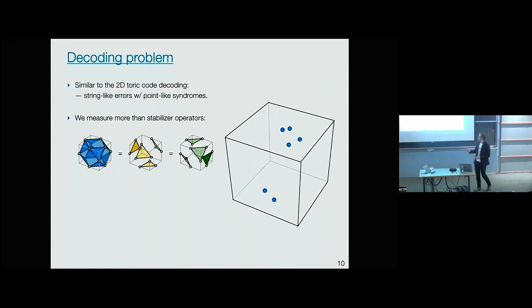So notice that the parity checks that I measure are somewhat redundant. Namely, if I multiply all of them around each cube, I will get the identity operator. So it means that the measurement outcomes of those parity checks, if I were to multiply them, would be guaranteed to give a +1.